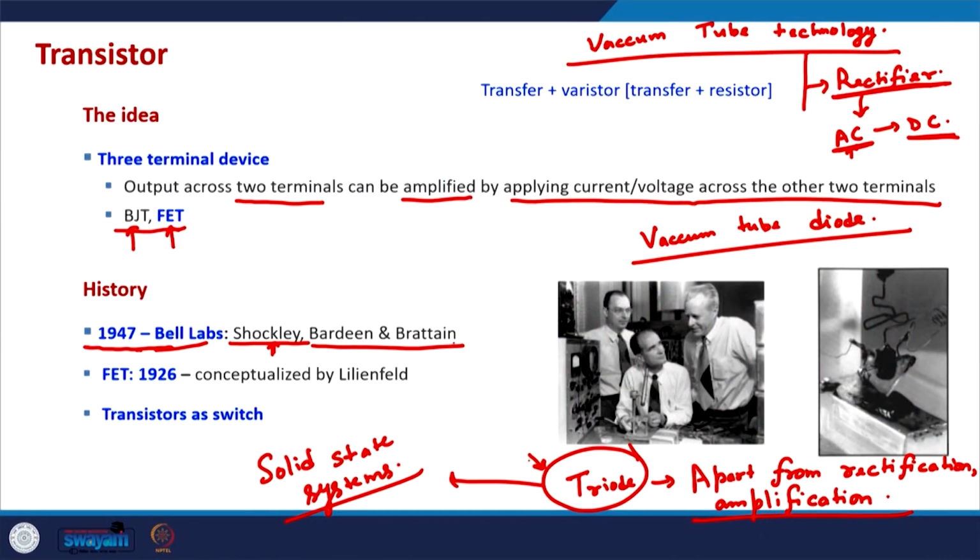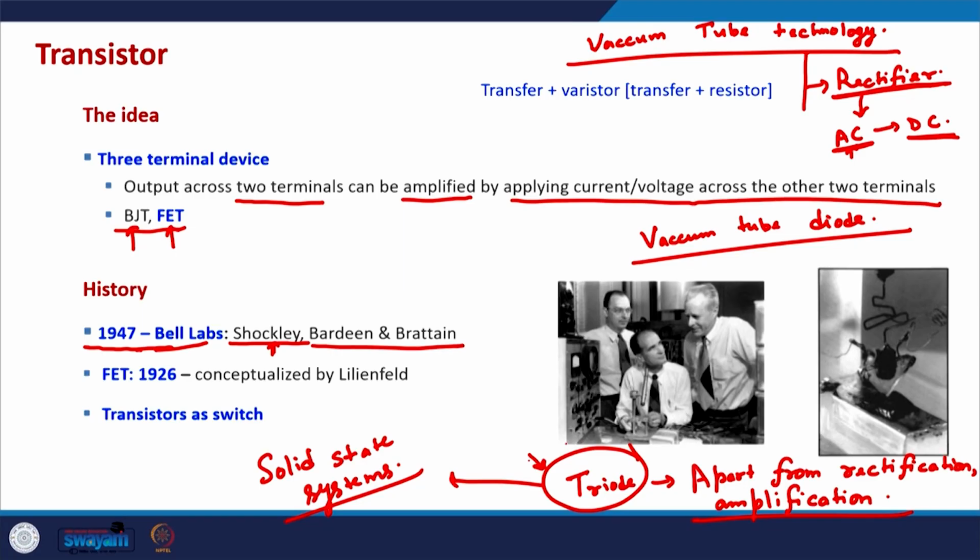This NPN or BJT-like transistor was demonstrated in the late 50s, and in the initial part of the 1960s it was quite common, but as soon as the computers were made out of this transistor, the need was felt to put more transistors on a single chip, on a single platform, and that's where this idea of integration came about.